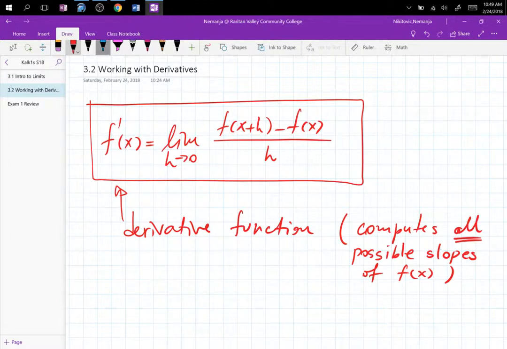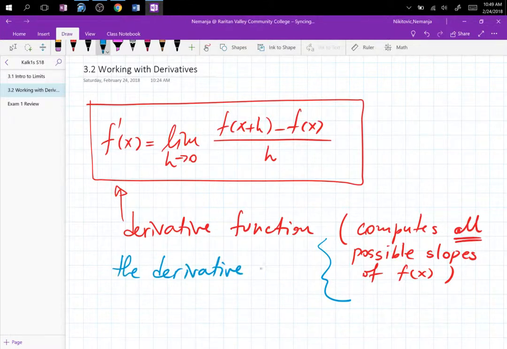So now the meaning of this statement here: the derivative measures the change. I should say the instantaneous change, but we'll insert that word later.